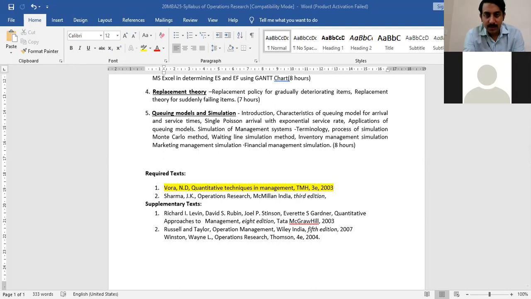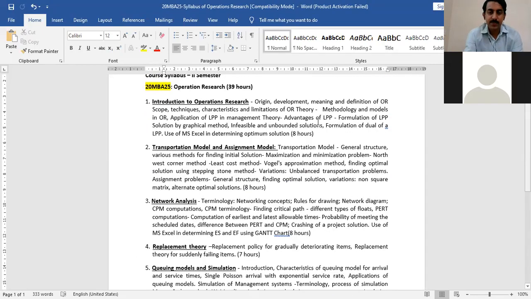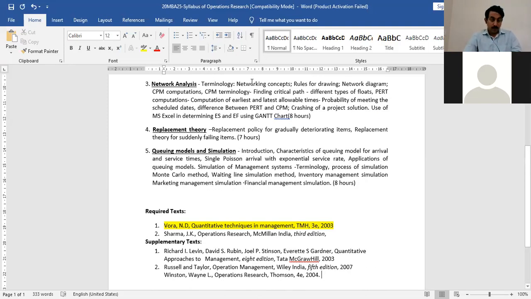One more aspect I want to make clear is that all the five modules are purely mathematical, so you will not have any theoretical aspect. Another thing I want to mention is that many students have found this subject a little difficult, and in the past, many students have failed.